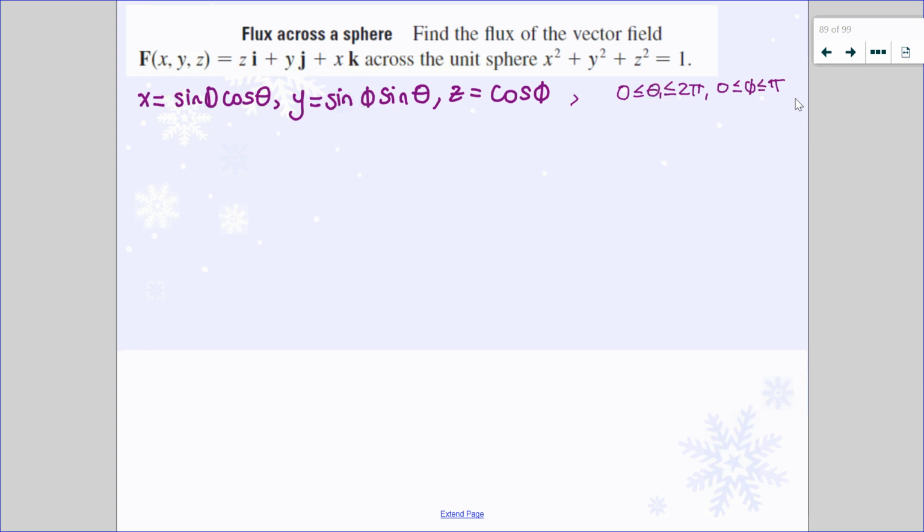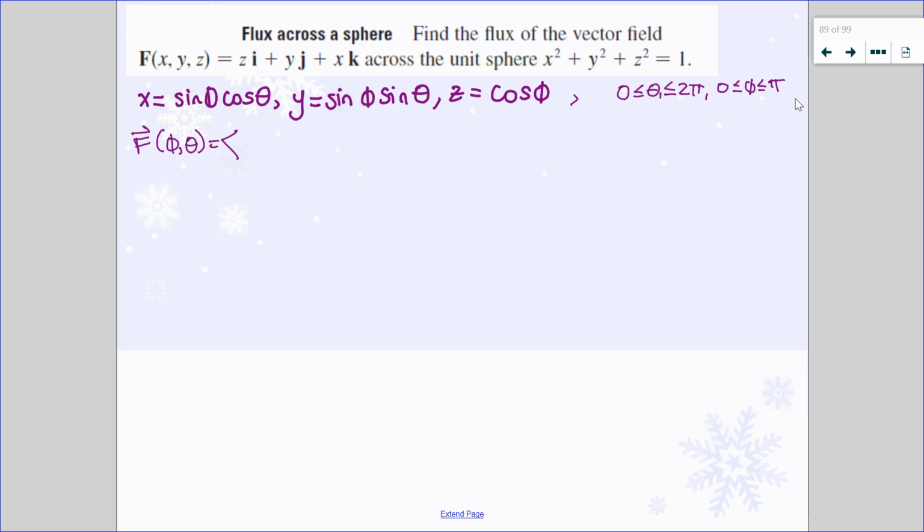So the first thing I'm going to do is rewrite our vector field in terms of our parameters, because we have to reparameterize the vector field in terms of our parameters phi and theta. So notice our vector field has z, y, x. So I'm going to rewrite our vector field in terms of phi and theta.